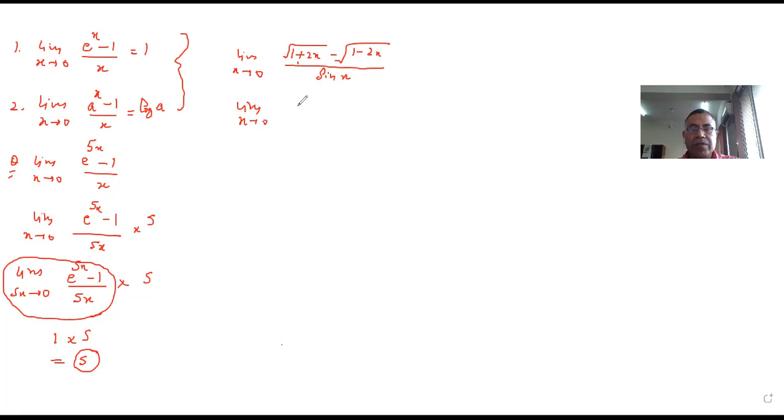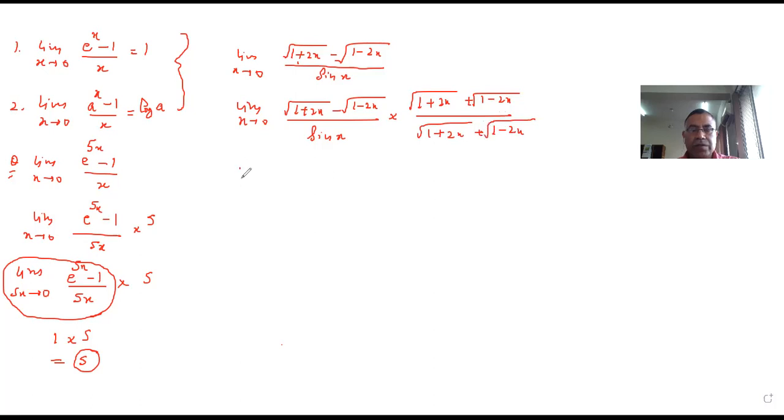So ultimately my function will be (root (1 plus 2x) minus root (1 minus 2x)) upon sin x, multiplied by (root (1 plus 2x) plus root (1 minus 2x)) upon (root (1 plus 2x) plus root (1 minus 2x)). Limit x tends to 0, (1 plus 2x minus 1 plus 2x) upon sin x times the roots.